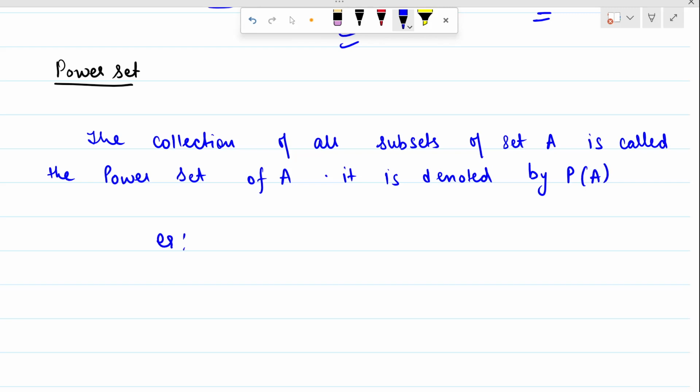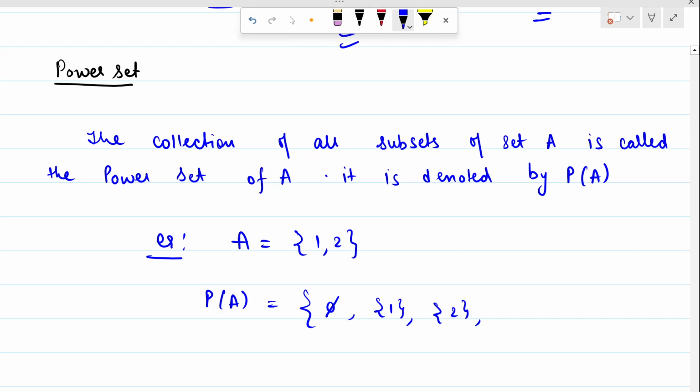For example, if A is the set 1 comma 2, then P(A) will include the empty set, {1}, {2}, and {1, 2}.